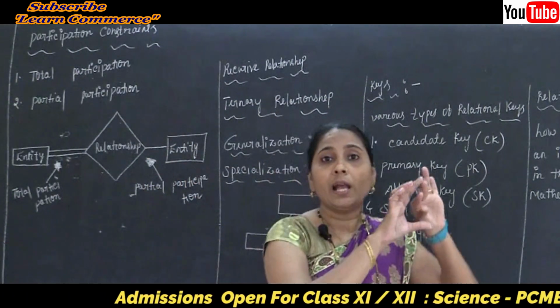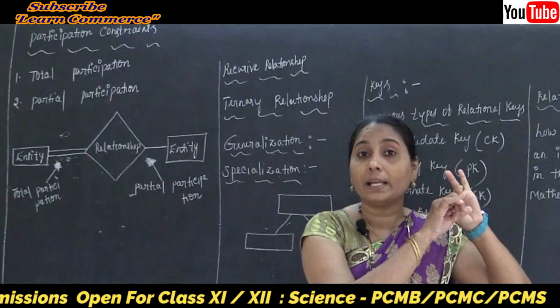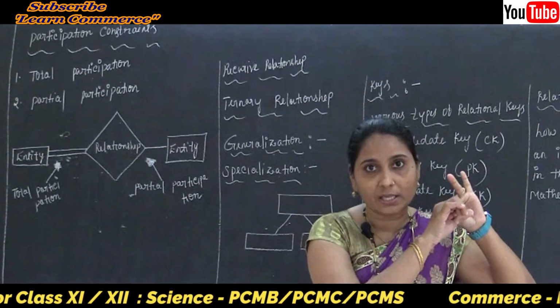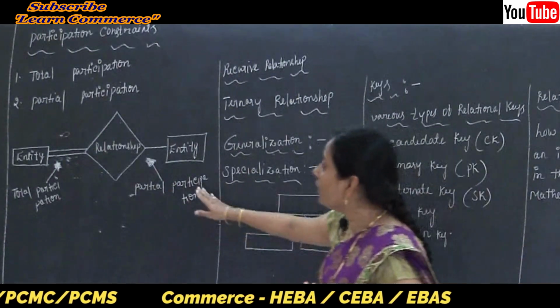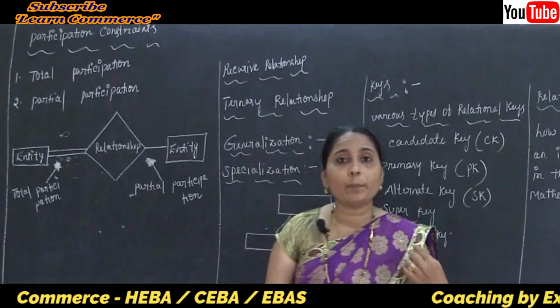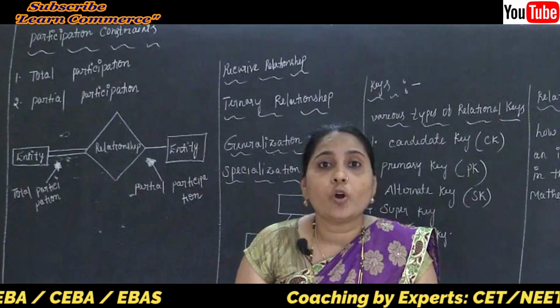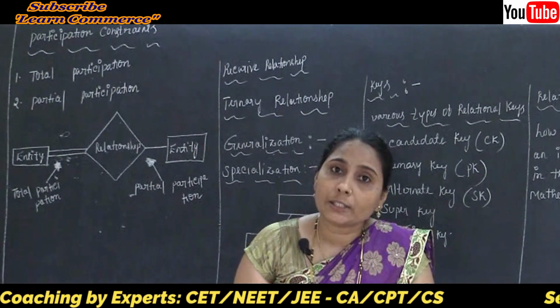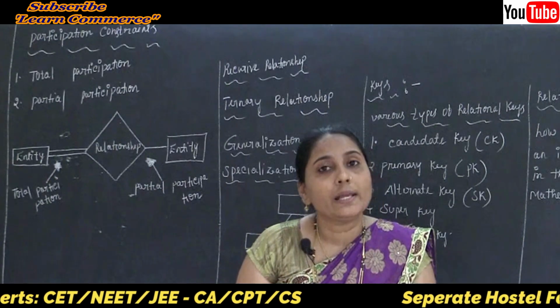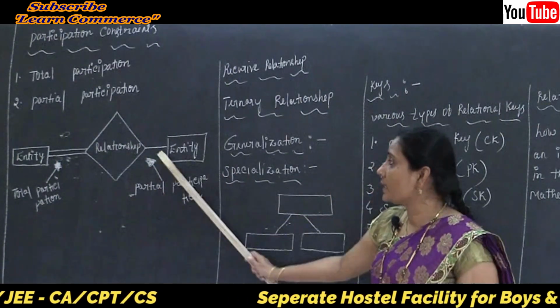That means the other 2 tables are not making any relationship with those tables. So the meaning of partial participation is that not all entities are involved in the relationship, and such partial participation is represented using a single line.